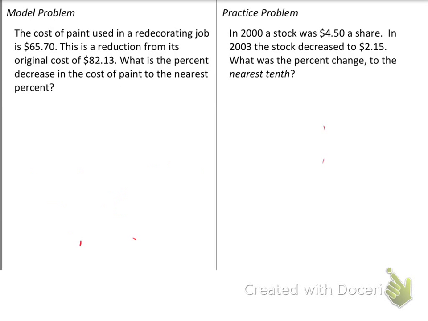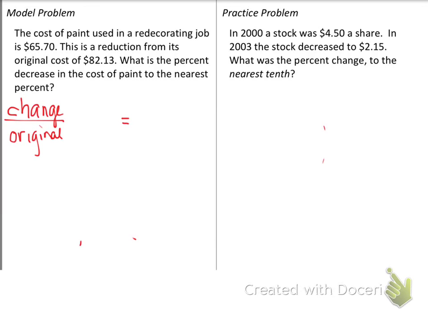What we're going to do is that for percent of change, it's a ratio. So it's the amount of change over the original. So it's a ratio, so since it's ratio, we can do our proportion. So it's change over the original.